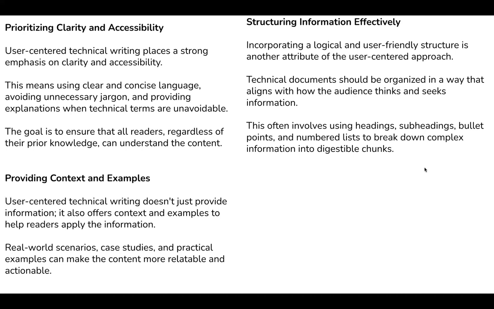Providing context and examples is the next one. User-centered technical writing doesn't just provide information. You also know that you need to provide context and examples to help readers apply the information, right?